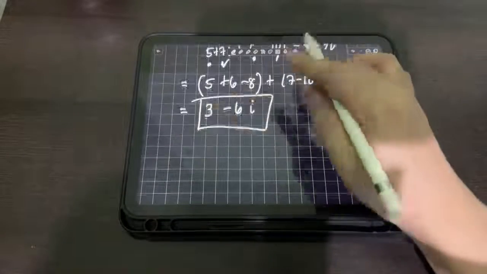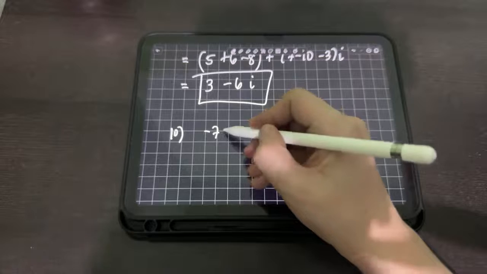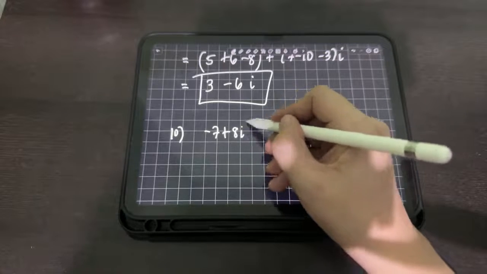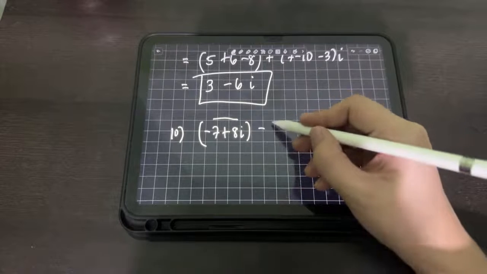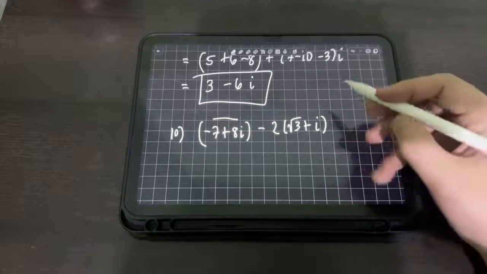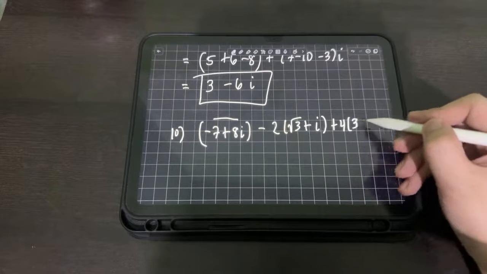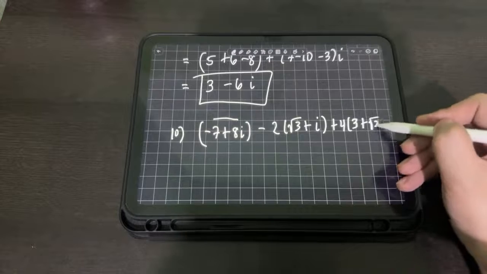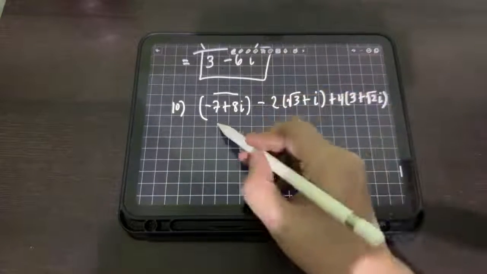Okay, next for number 10, the conjugate of negative 7 plus 8i, minus 2 times (square root of 3 plus i), plus 4 times (3 plus square root of 2 i). Okay, so we have conjugate.